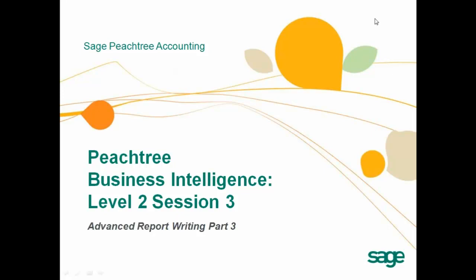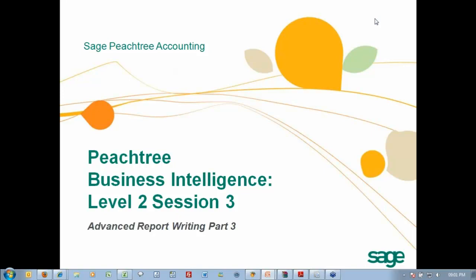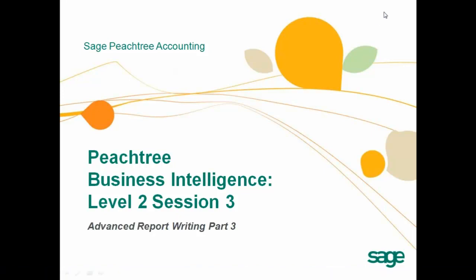As it has always been thus, taking you through the last of our presentation sessions on Peachtree Business Intelligence. This one we're going to be taking a look at the advanced report writing options that are available in the Report Manager. So we're going to be talking about things that you can do extra to the reports to make them more effective. We're talking automated distribution services.